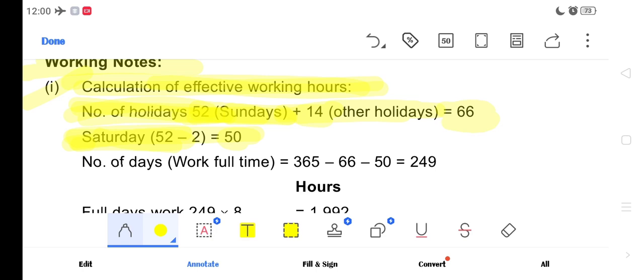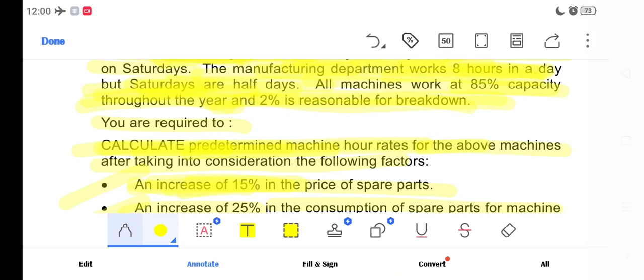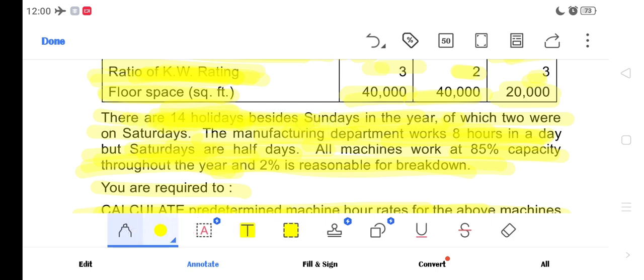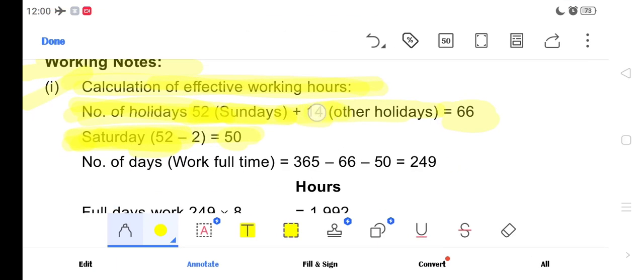I'll tell you. 52 Saturdays are there, yes, but here he says 14 holidays besides Sundays in a year, of which 2 were on Saturdays. So in these 14 holidays, 2 Saturdays are included. Then how many remaining Saturdays are left? Only 50. So that's what we have done here.